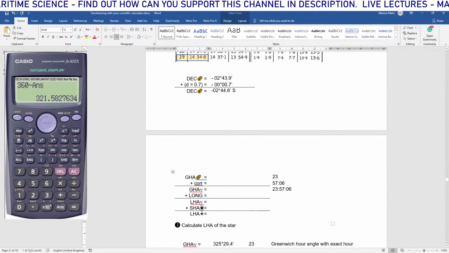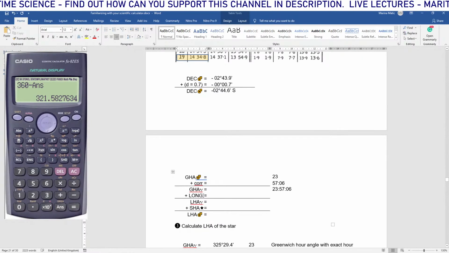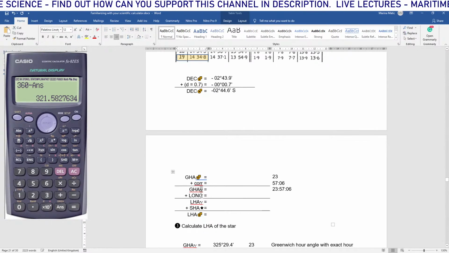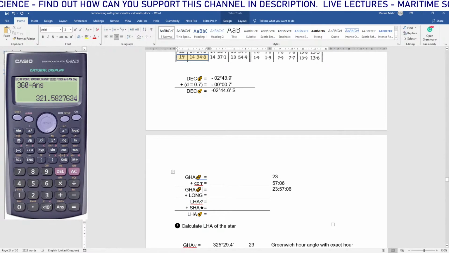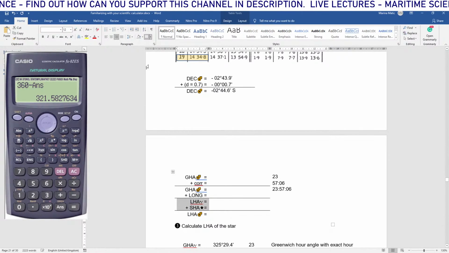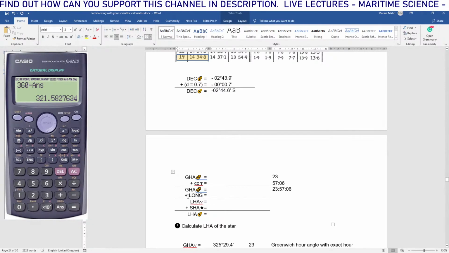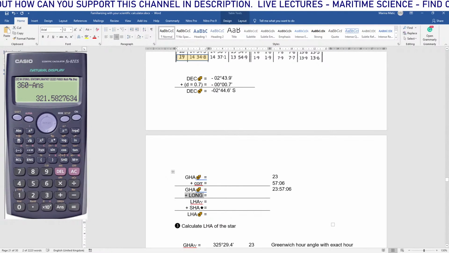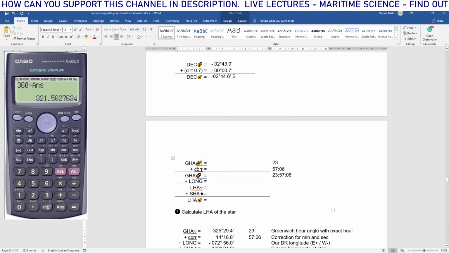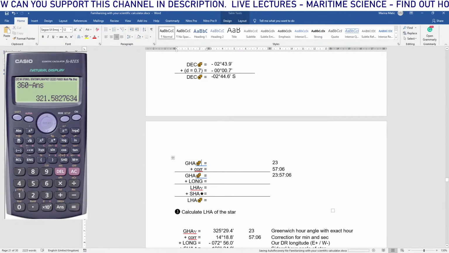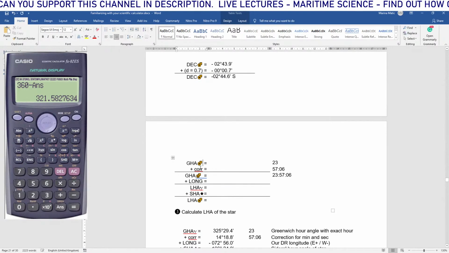And it's going to end up as local hour angle. So this would be Greenwich hour angle of planet, and these two can be deleted. We do not need them, or maybe we do need them. Yes, we need them, because it's Mars. So we have a pattern to calculate Greenwich hour angle of planet Mars.